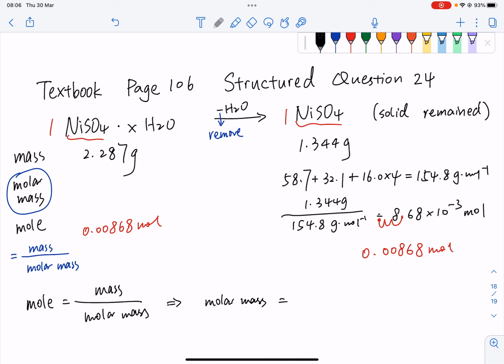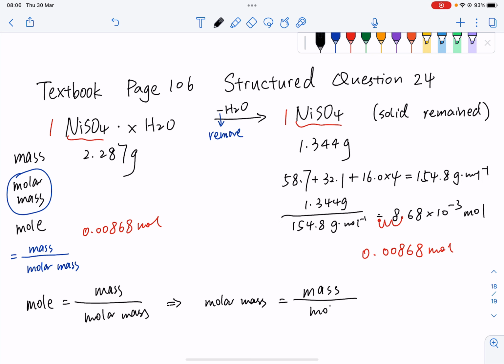The formula will be molar mass equals mass over mole. Let's put it in the table: 2.287 grams divided by 0.00868 mole. The answer would be 263.4 grams per mole, right?